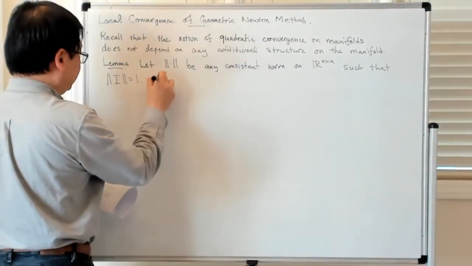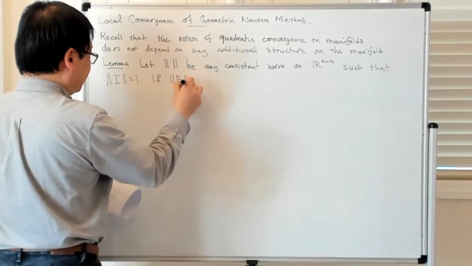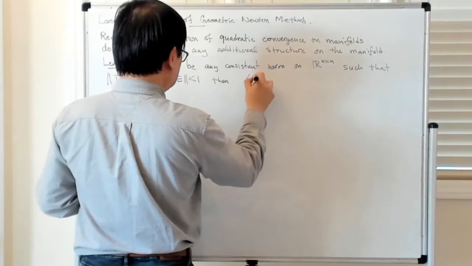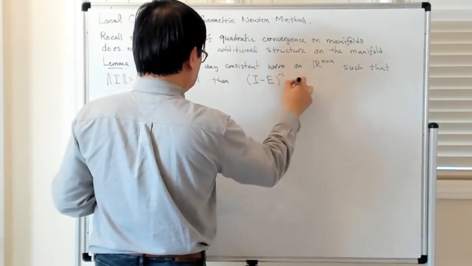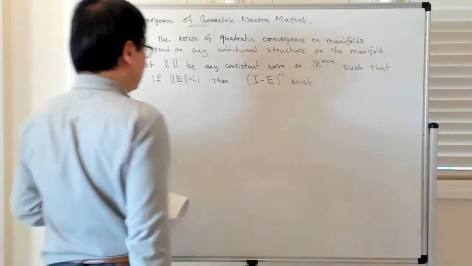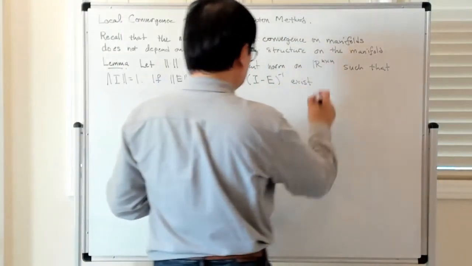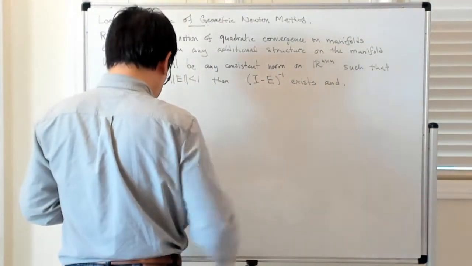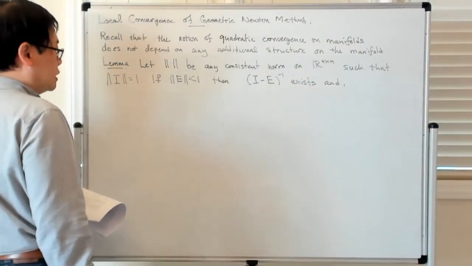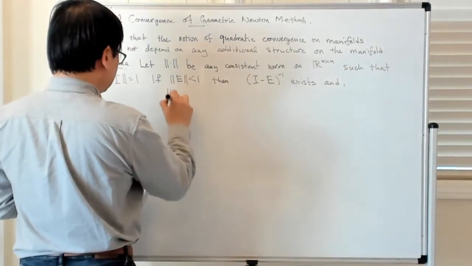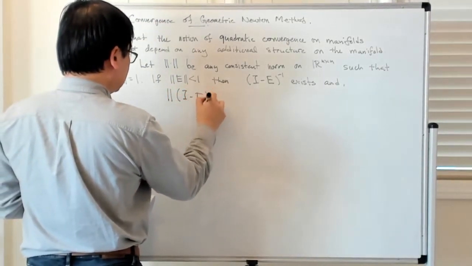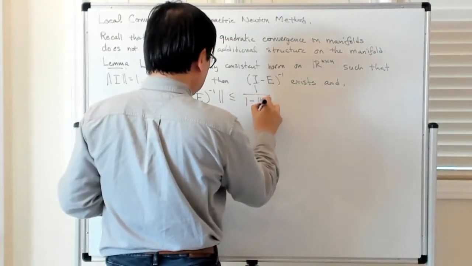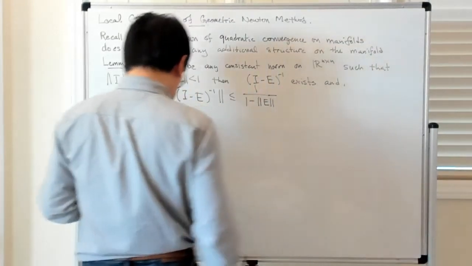So if the norm of some operator E is less than 1, then the inverse of 1 minus E exists. And we have an estimate on the induced operator norm: it's going to be less than or equal to 1 over 1 minus the operator norm of E.